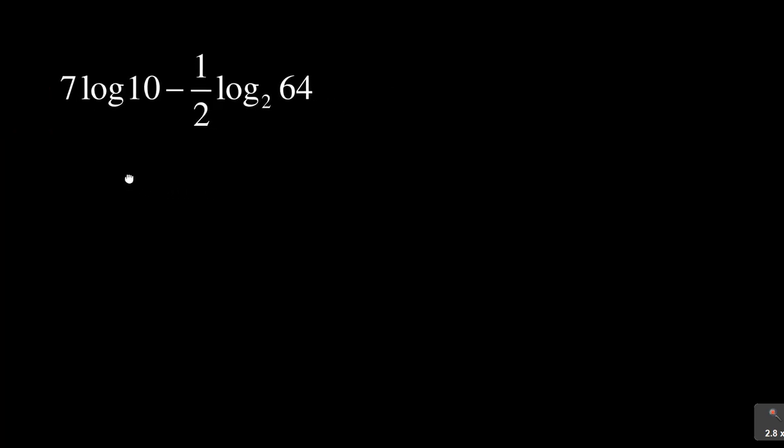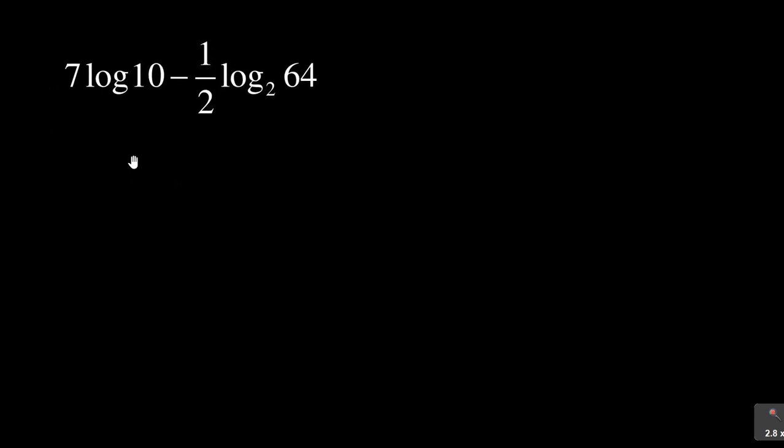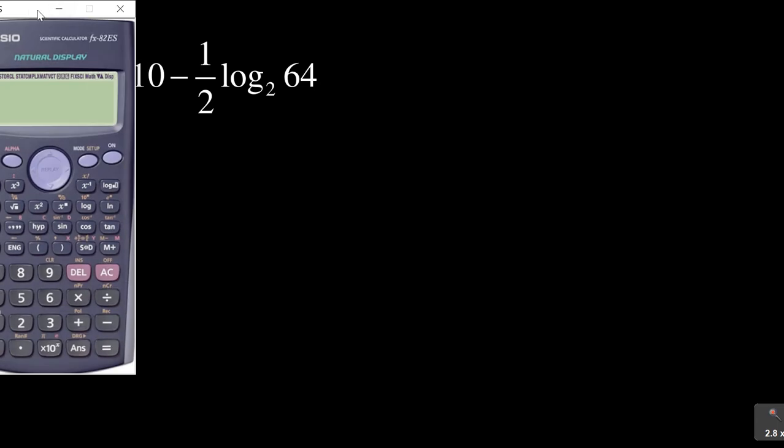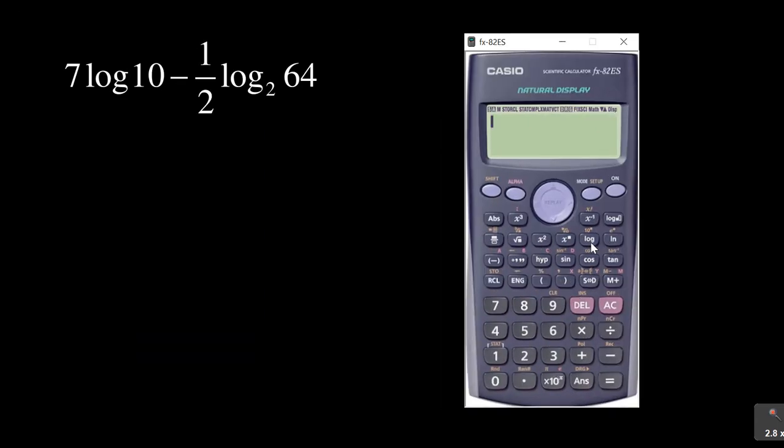So this is what we are given in this case. And if I can then take my calculator, because it is always good to know where you're going. So log, I'm given 7 log 10. Remember, I told you when you're just punching log, it means already it is in base 10, minus, and then 1 over 2, and then you punch that in so that you can put a base of 2 of 64.